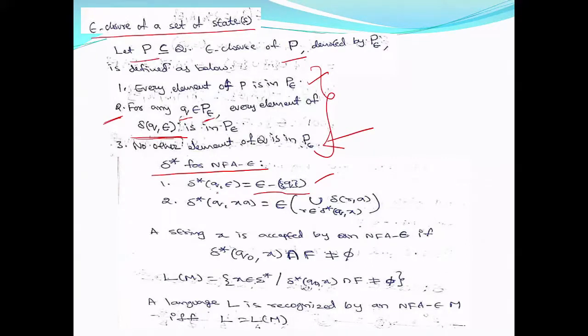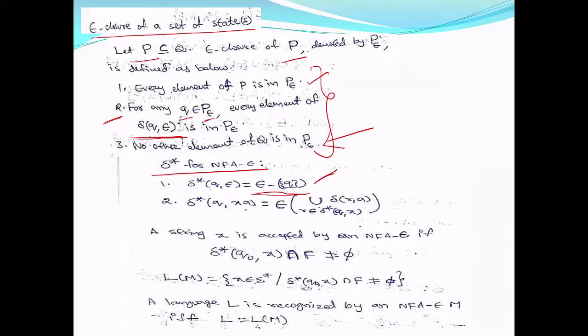But because there are epsilon transitions, starting in Q is not the same as ending in Q. Starting in Q is the same as starting in any state in the epsilon closure. That is why delta star of Q comma epsilon is the epsilon closure of Q.